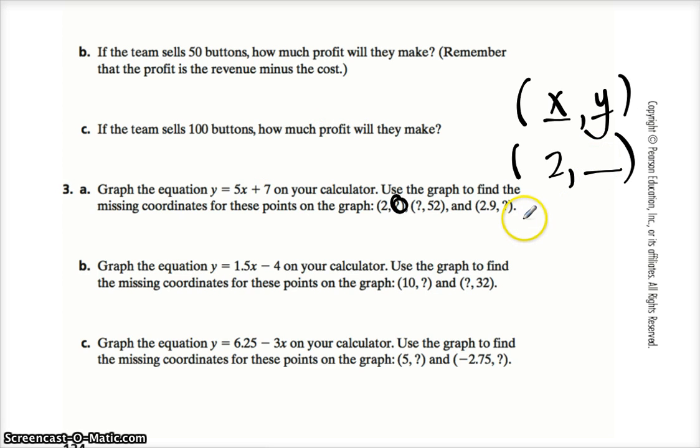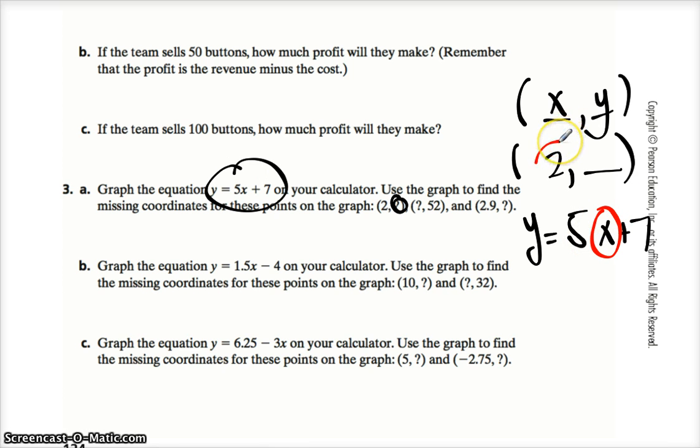My equation is y equals 5x plus 7. That's this one right here. And I have my x value. This x value is this x value here. So I can just plug it in and solve. Y equals 5 times x value of 2 plus 7.